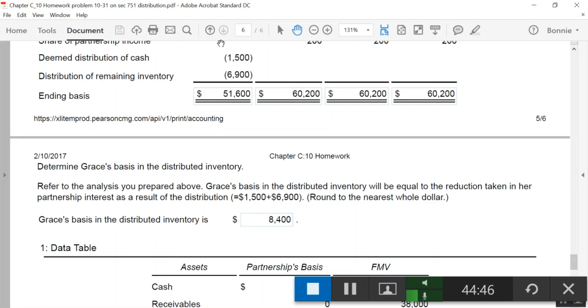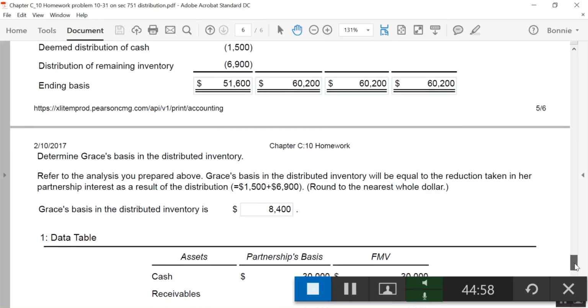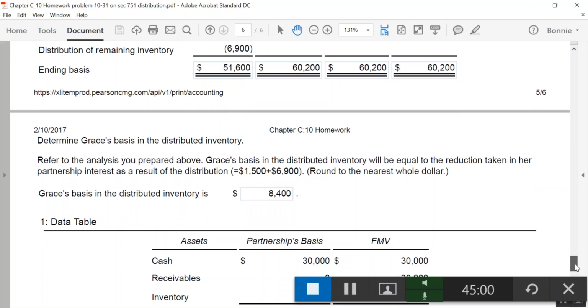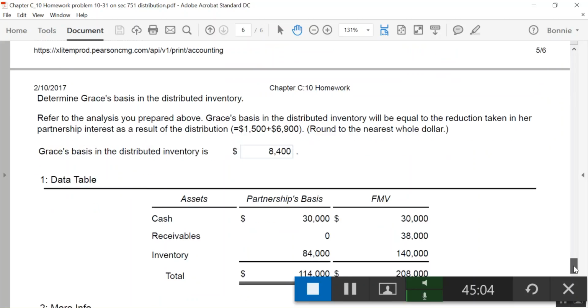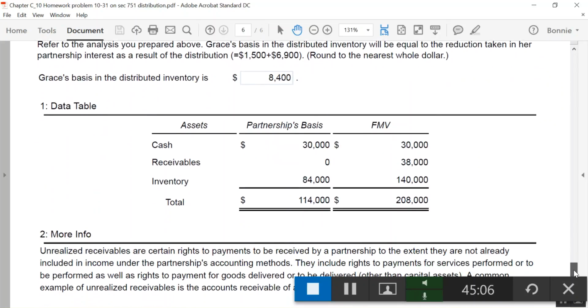Because she's reducing her interest in the partnership in total by $8,400, which is the sum of the deemed distribution of cash and the actual distribution of inventory, it makes sense that her basis in the distributed inventory is going to be $8,400.